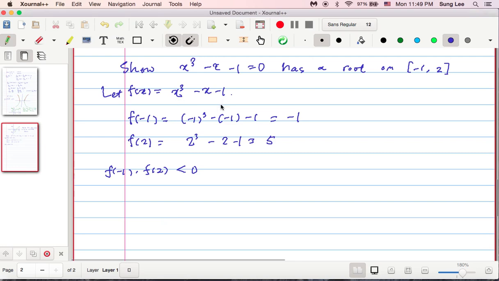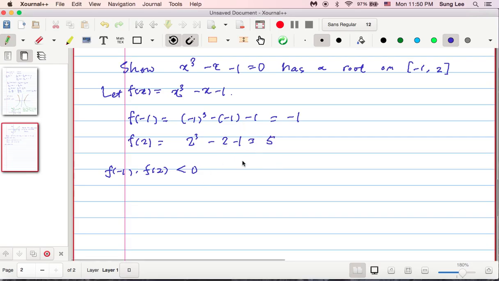This is a polynomial, so of course it is continuous everywhere. On the closed interval -1 to 2, obviously it is continuous. And also f of -1 times f of 2 is negative, so they have different signs.